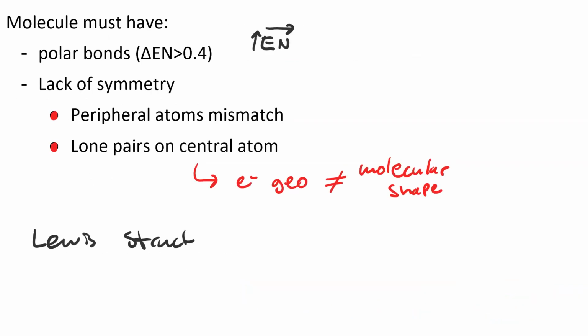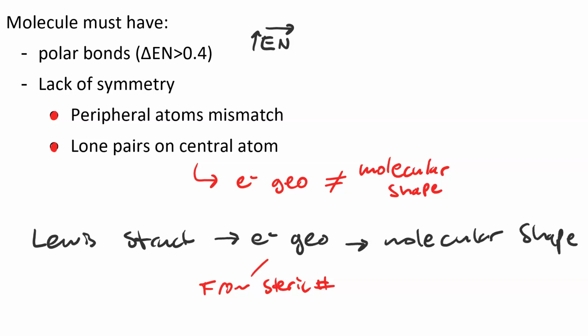From the Lewis structure, you get the steric number, which gives you the electron geometry. Once you have that electron geometry, you also know the number of lone pairs and peripheral atoms, and combining those pieces of information gives you the molecular shape.